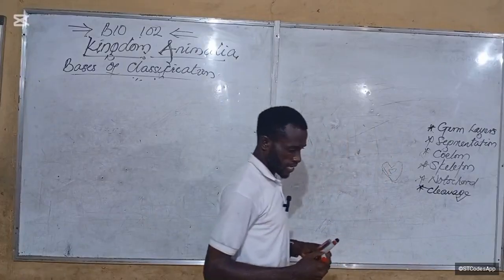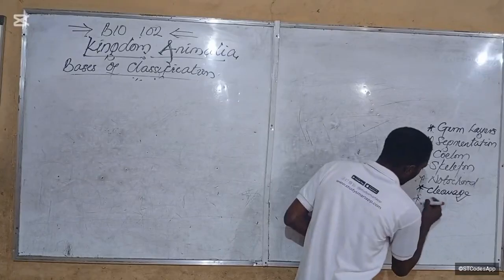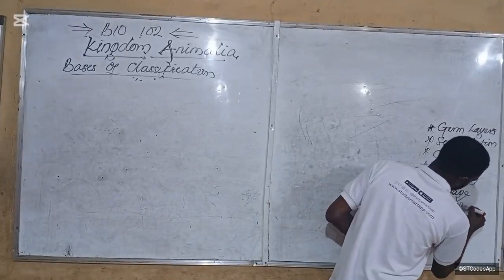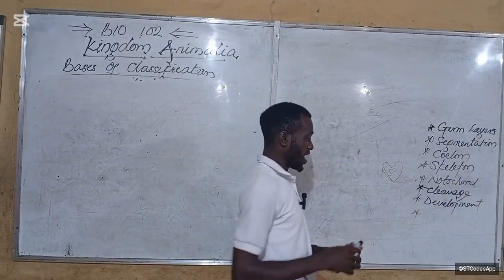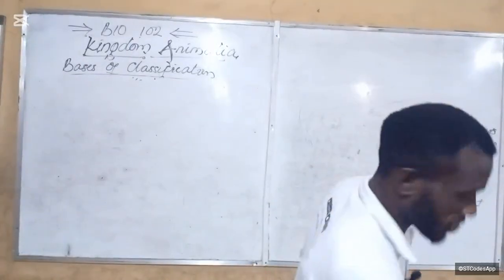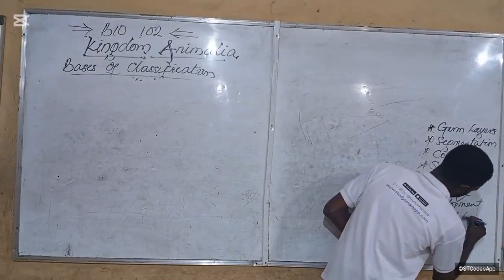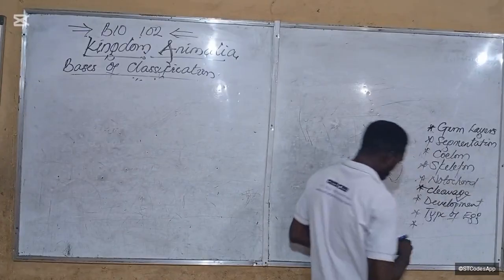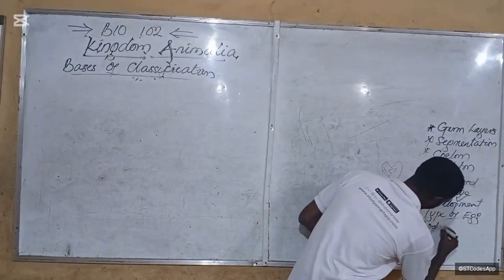We'll talk about the type of development following the cleavage. Then we'll talk about the types of egg. Then we'll talk about the body temperature.